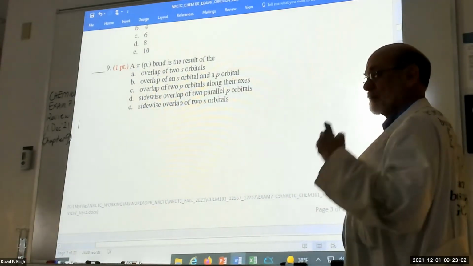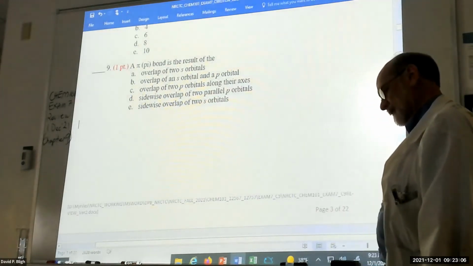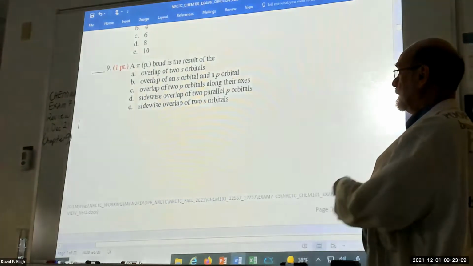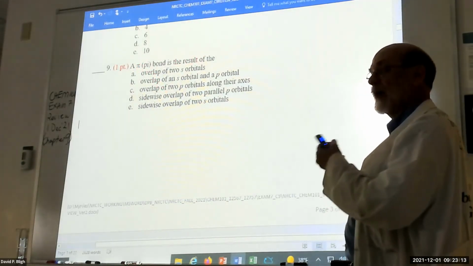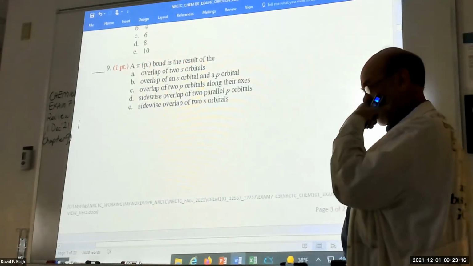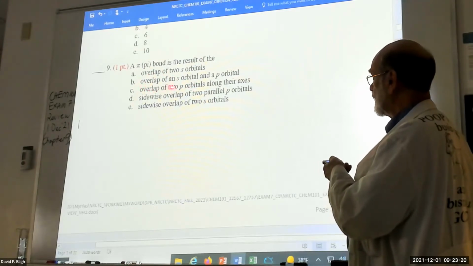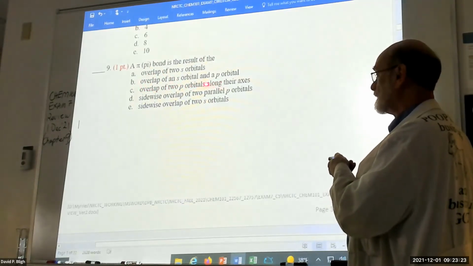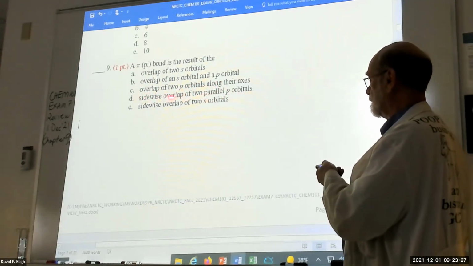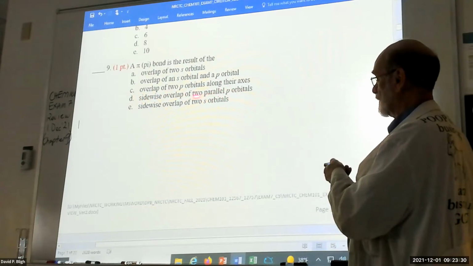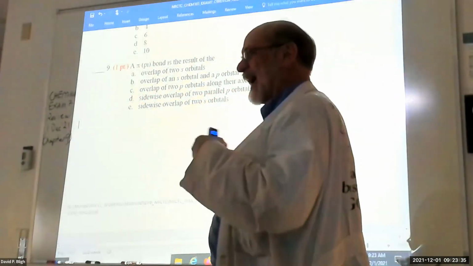So if we use the atomic orbital model from the valence bond theory, then the pi bond results from overlap of unused p orbitals. So overlap of 2 p orbitals not along the axis. That'd be parallel orbitals, sideways overlap of the p orbitals, because only sigmas can overlap on axis.